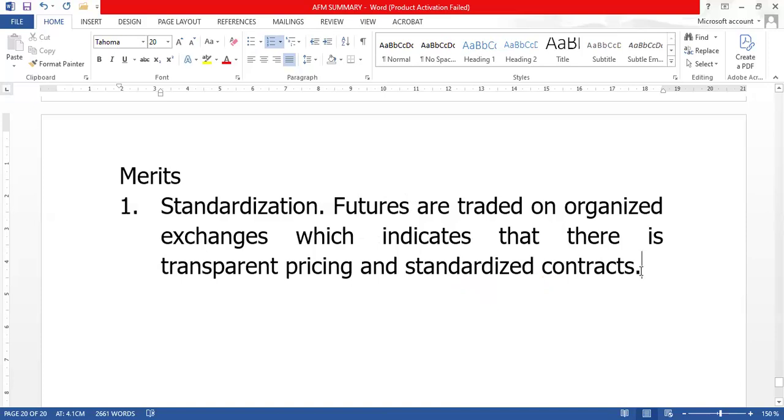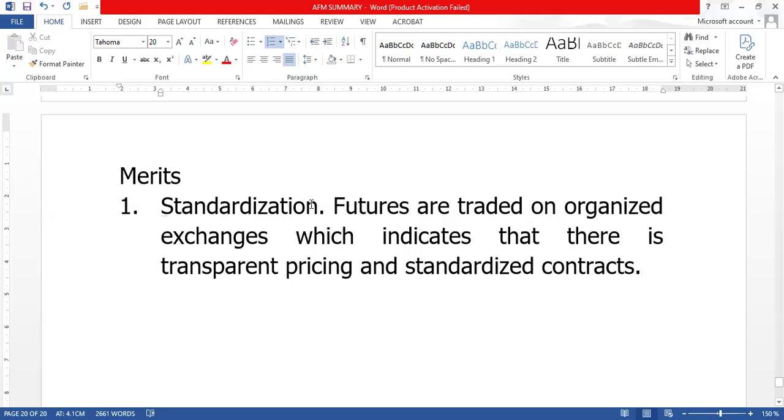What is the price of the June futures? And of course, they quote the contracts. You can easily know the number of contracts you can buy. So it's something that you need to know. Standardization.